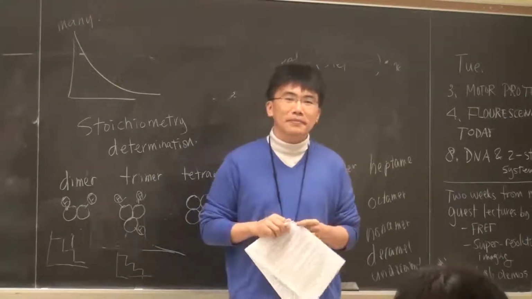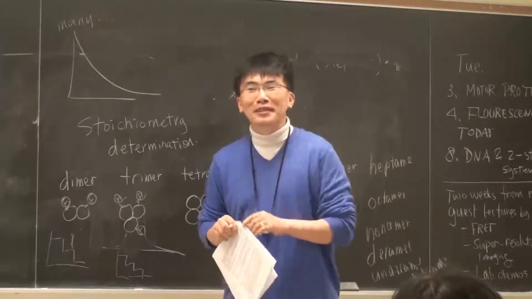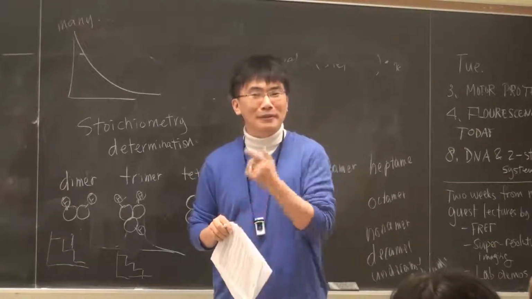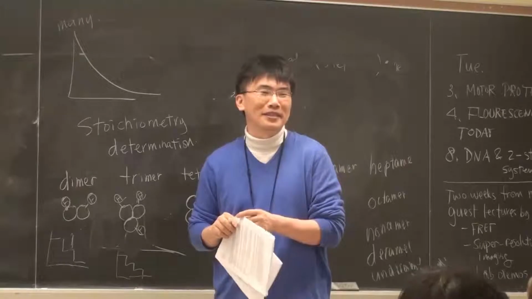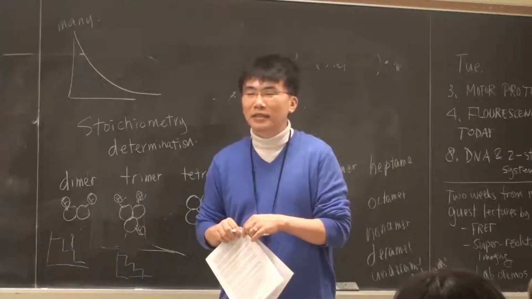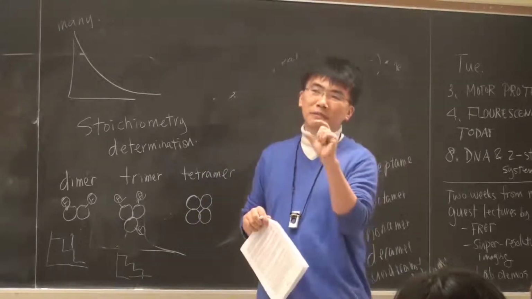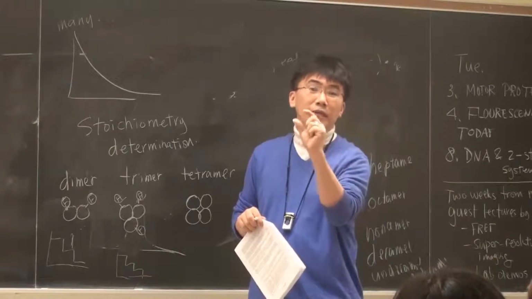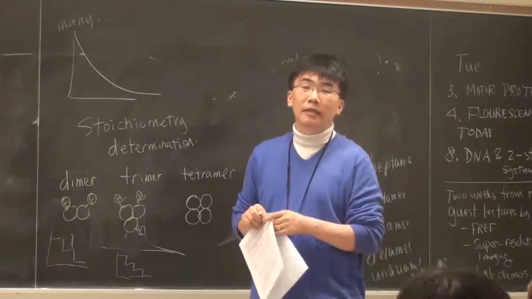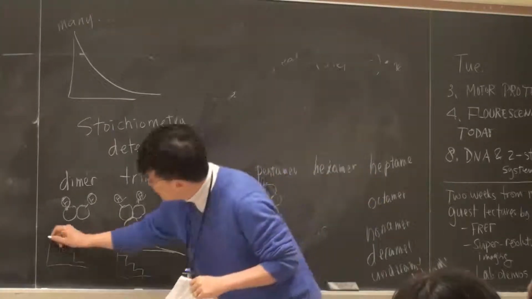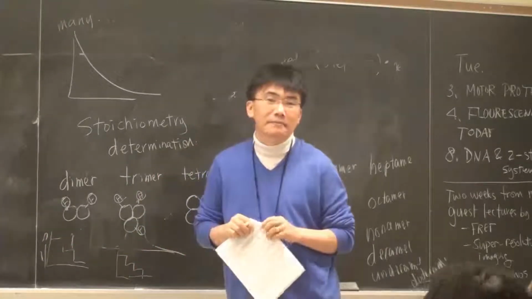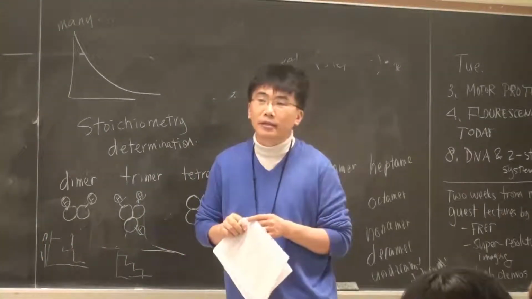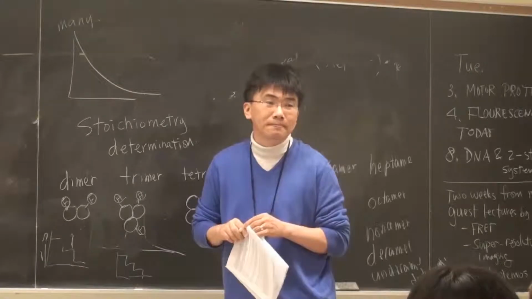Sometimes they can, so you have a small fraction of events that occur with a single step. But in that case, the intensity that you measure will be twice as big, right? So that's another thing that you have at your disposal.